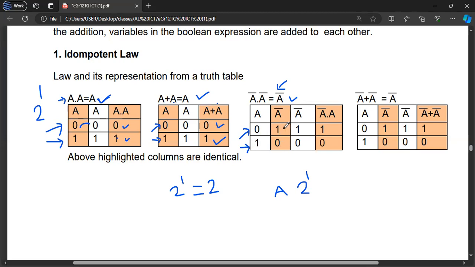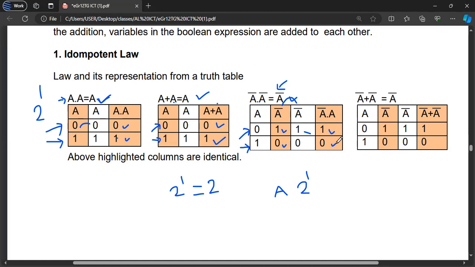Then the opposite of A is going to be A bar. So 0 means the complement is going to be 1, and when A is 1, the opposite is going to be 0. Then you multiply A bar dot A bar: 1 into 1 is 1, 0 into 0 is 0, right?